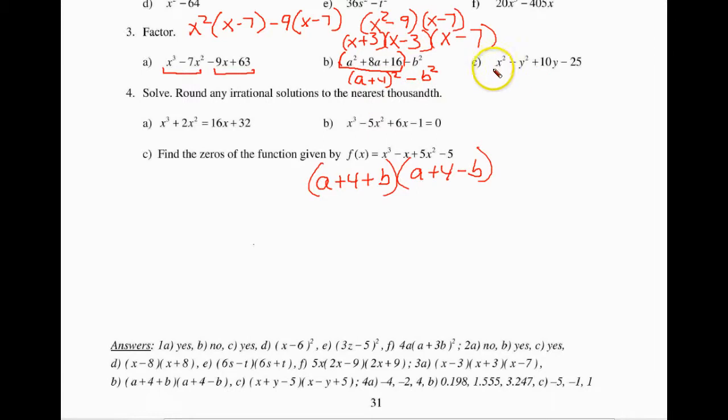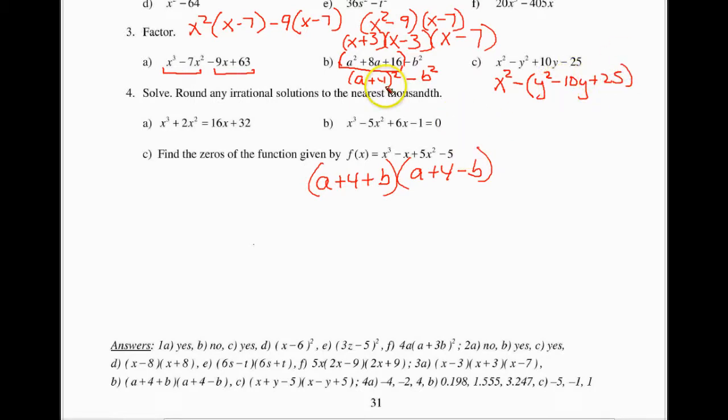And what do we have here? Yeah, this is just written a little different way. Watch this here. X squared minus, now we're going to reverse these signs, and this becomes y squared minus 10y plus 25.